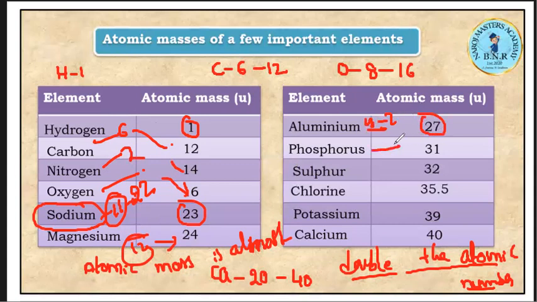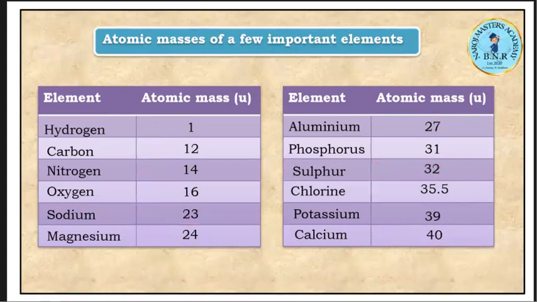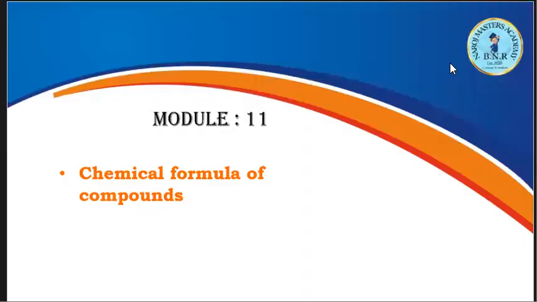Phosphorus 15, 31; sulfur 16, 32; chlorine 17, it should be 34, but here we have 35.5. Potassium K 19, 39 is there; actually it should be 38; and calcium 20, 40. So it is almost very easy to remember. Double the atomic number gives the mass of the element. Okay, very simple. Not exactly, almost.